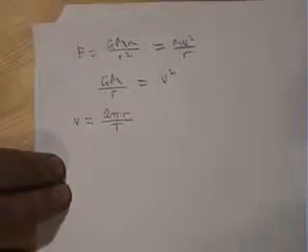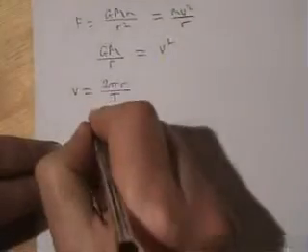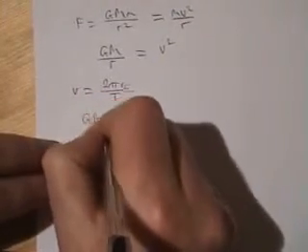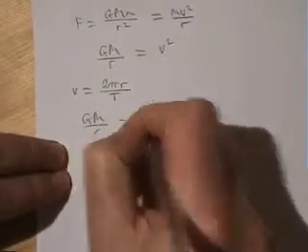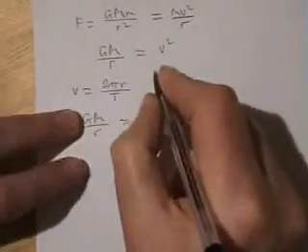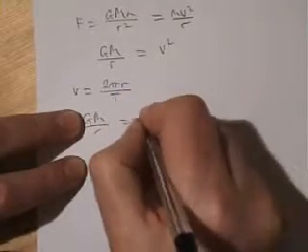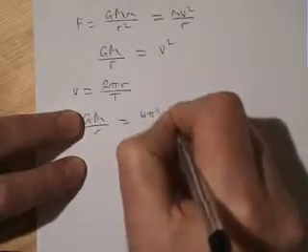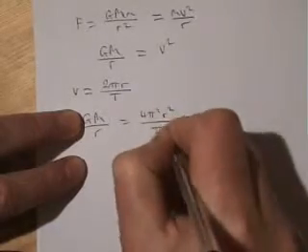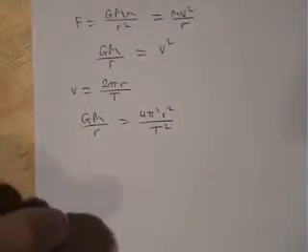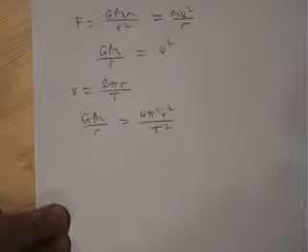So if that's what v is equal to, we can write GM over r must be equal to that squared. So 2 pi r over T squared is 4 pi squared r squared over T squared. And the question is about the radius of the orbit.